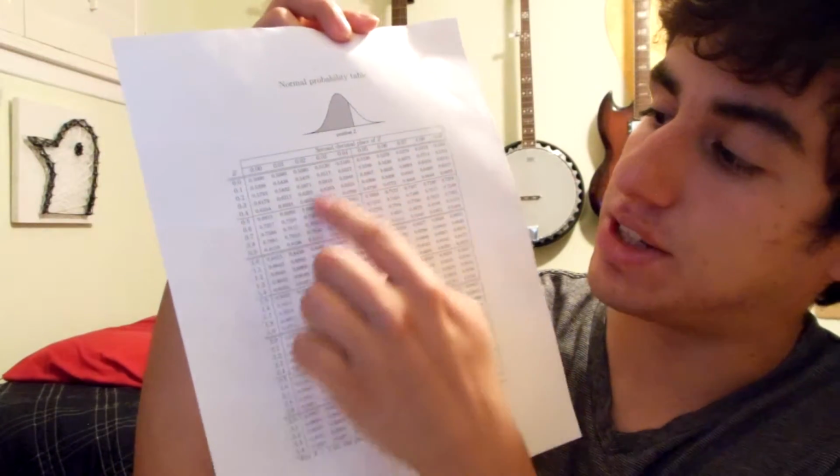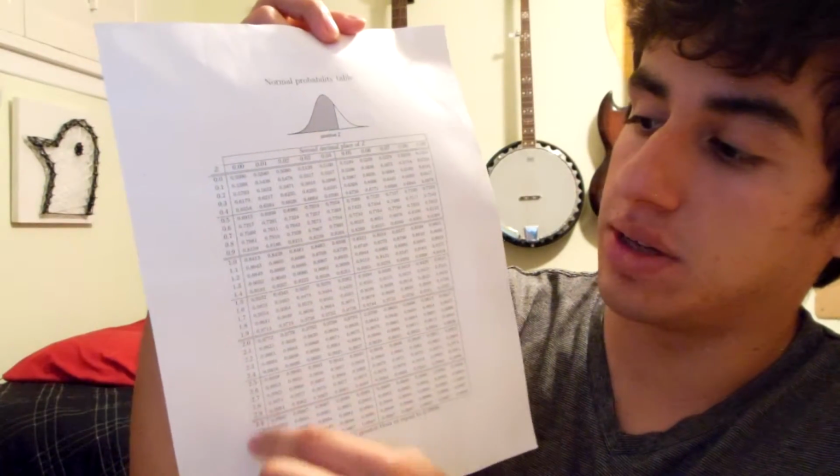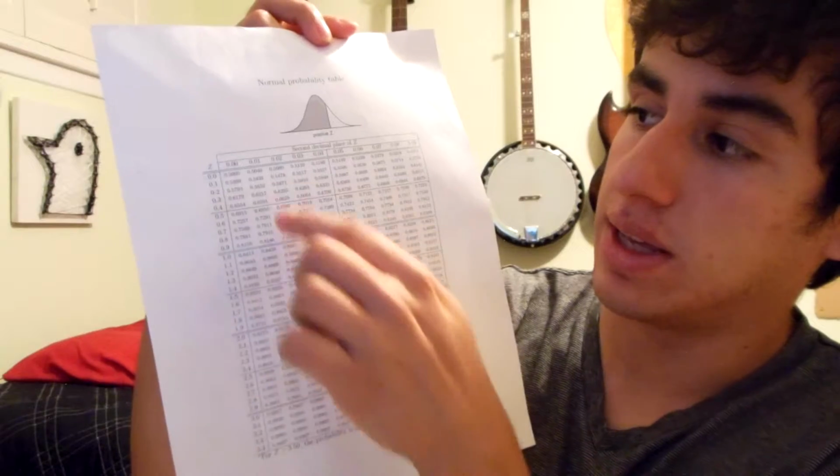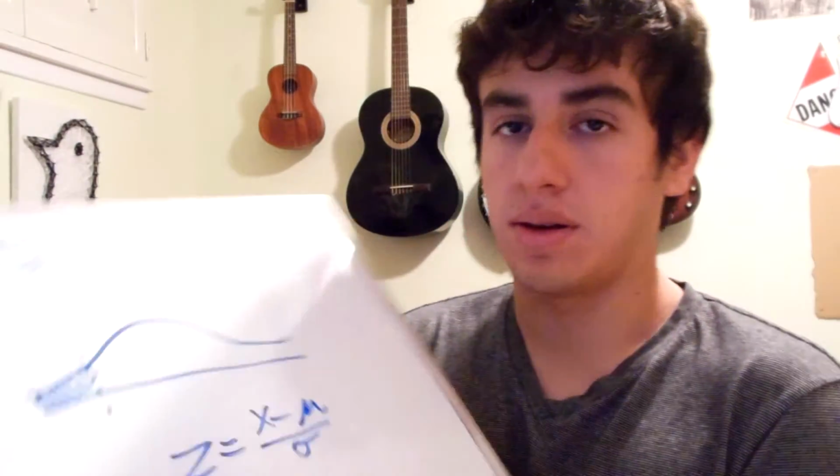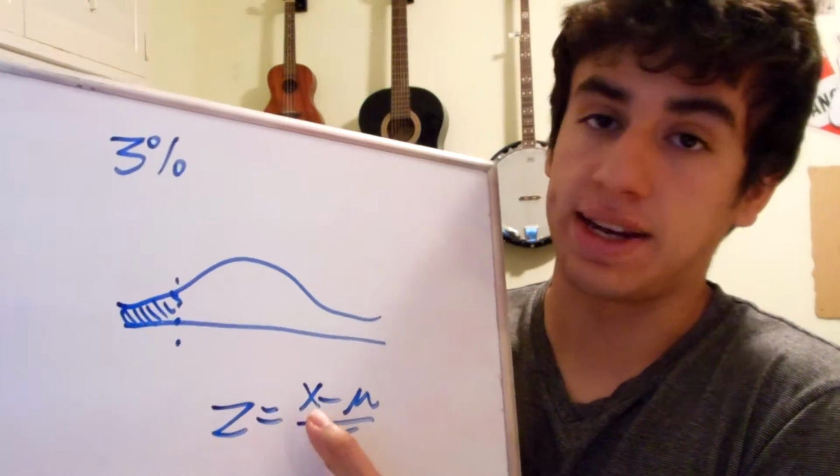So you would start by looking up 3% somewhere on the data sheet, then seeing what z-score it corresponds to. And once you have your z-score, you're asked to find x.